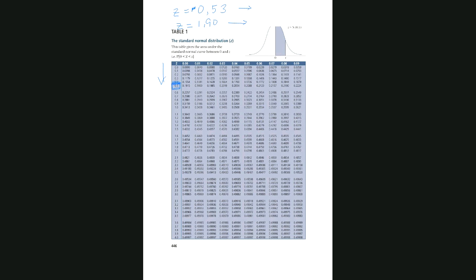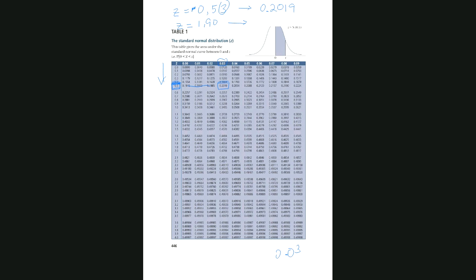And then across, remember, you have 0.0, and the last digit is 3. So you're looking for 0.03, which is here. And in line with that, it is 0.2019. So that's your Z value for the negative 0.53.